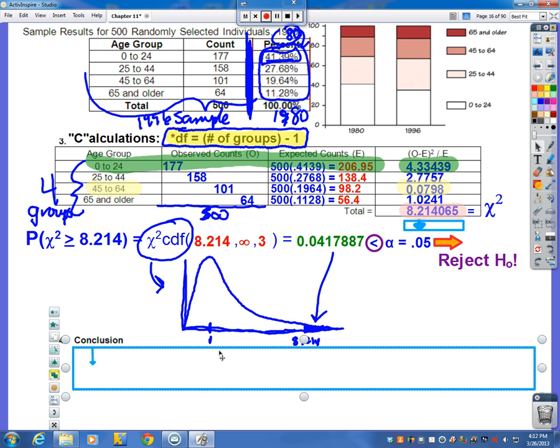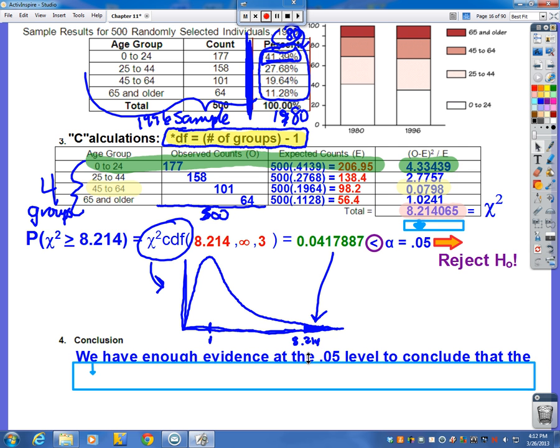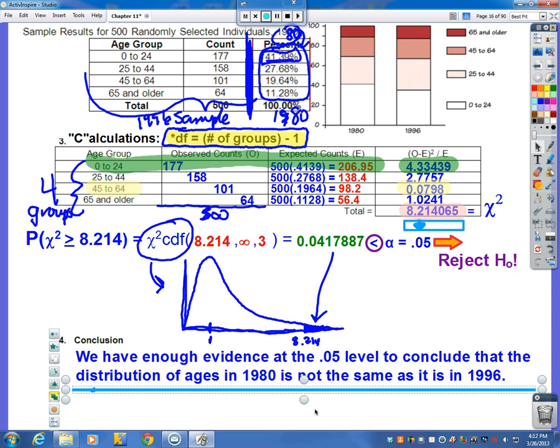So our conclusion, just like we did for hypothesis testing, we do have enough evidence at the 0.05 alpha level to conclude that the distribution of ages in 1980 is not the same as it is in 1996. Now, you might go, well, 45 to 64, it pretty much was in line with 1980 to 1996. But overall, we're saying that it's not. Again, we're not picking on specific groups here.